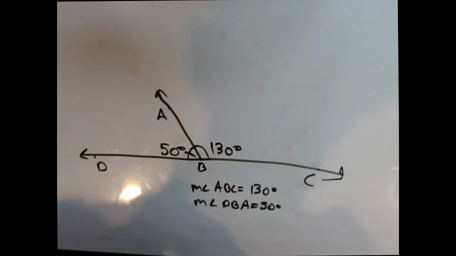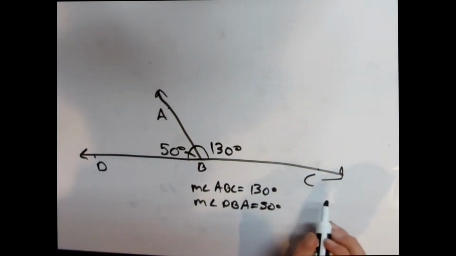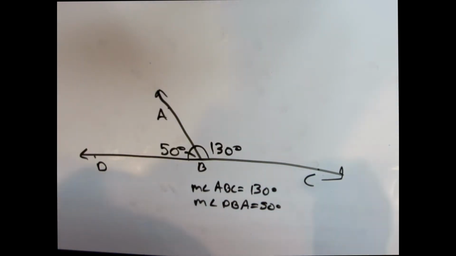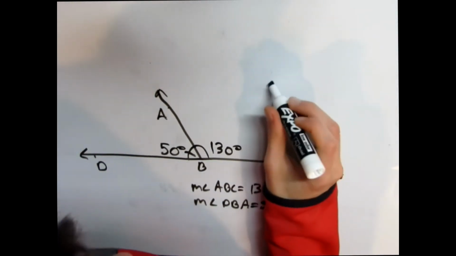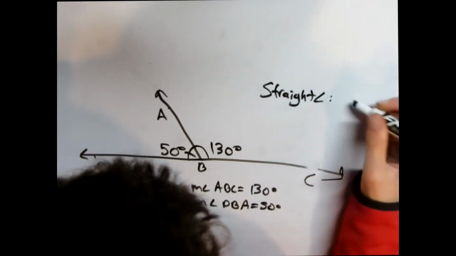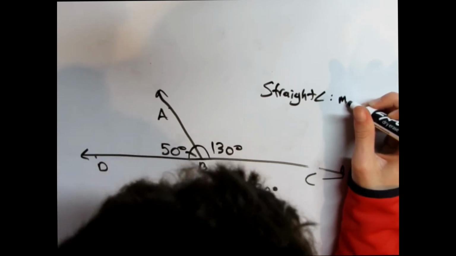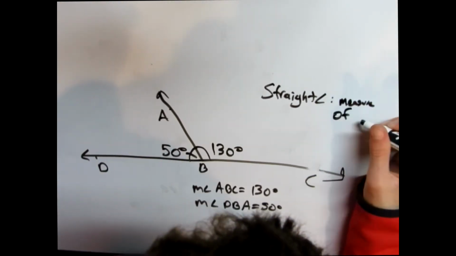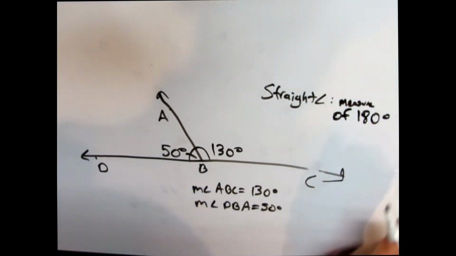So first of all, we can see that this DBC is a straight angle. It's just one line. And a straight angle has a measure of 180 degrees.